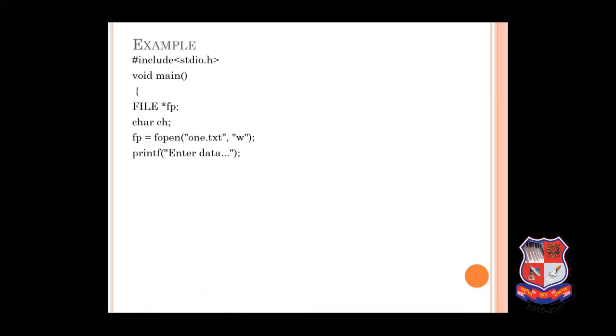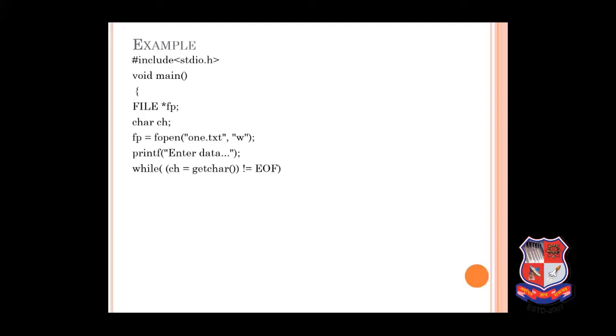So printf enter data. As we are opening it in write mode, it will allow us to enter data. While ch is equal to getchar is not equal to EOF. Now EOF stands for end of file. As we all know, strings used to end with a null character.